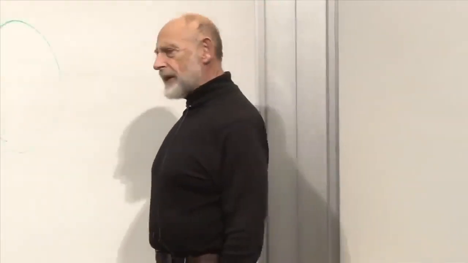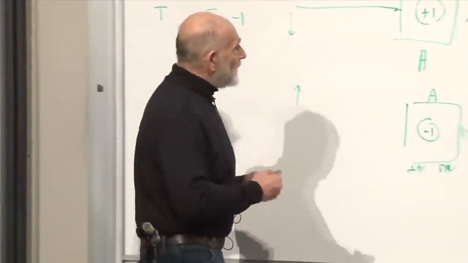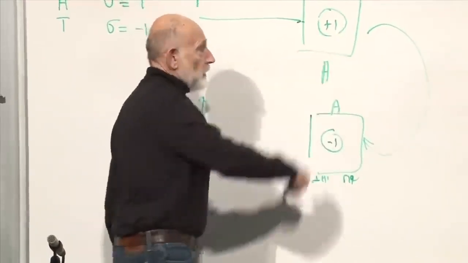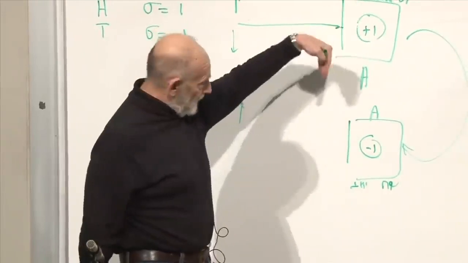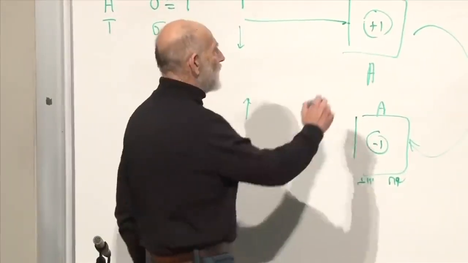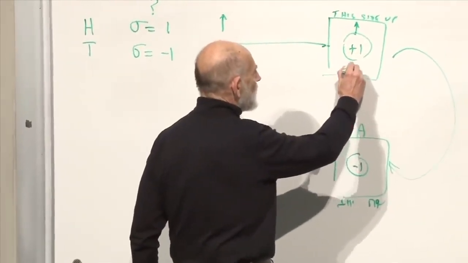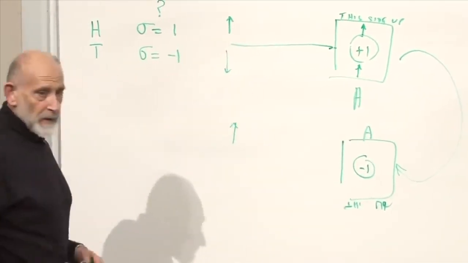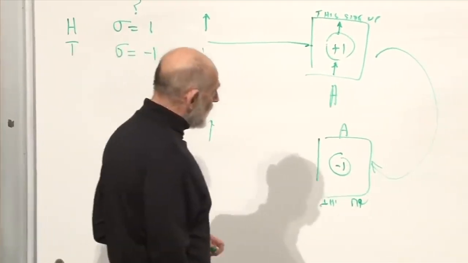But now we're going to do something else. Here's what we might believe. Given that the detector has an orientation to it, there's a right side up and a wrong side up. We might even think that there's something built into the detector which has an orientation in it.